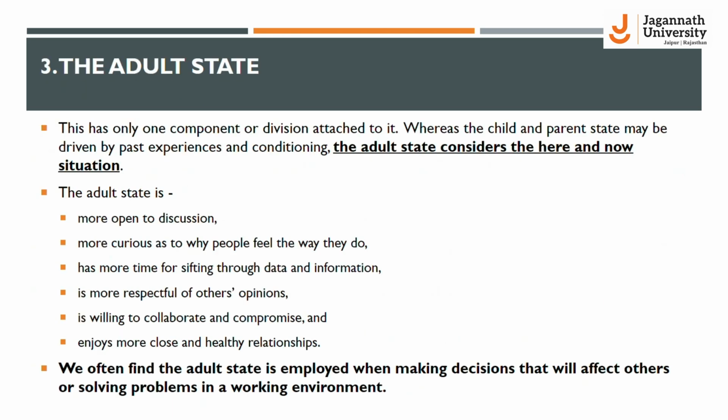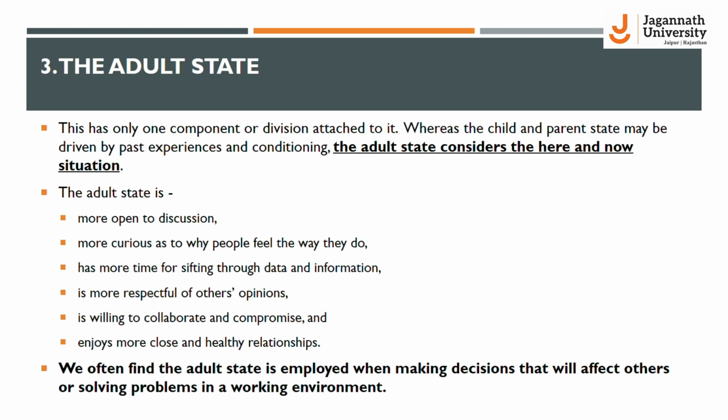The adult state. This has only one component or division attached to it, whereas the child and parent state may be driven by past experiences and conditioning. The adult state considers the here and now situation.